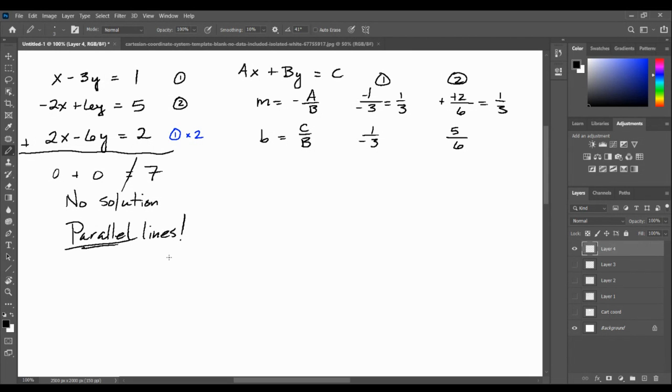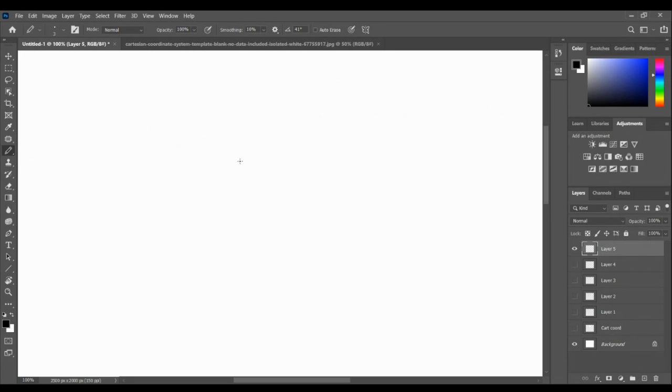So elimination showed us that, but now double checking by looking at the slope and y-intercept of each equation, we can see that they've got the same slope, but different y-intercepts, so they have to be parallel. So that's a good thing to check. Now, I'm sure you can guess what the next one will look like, but let's show it.